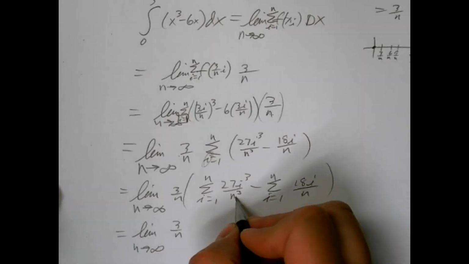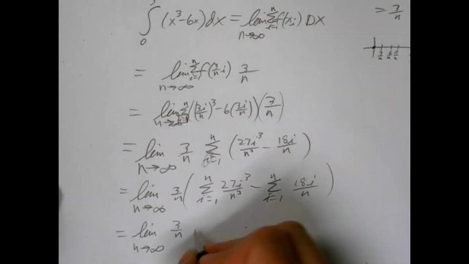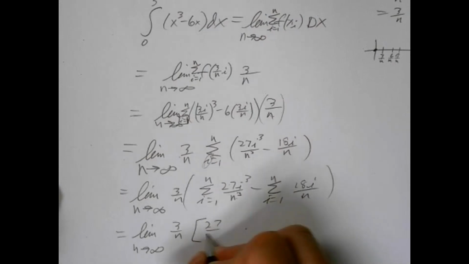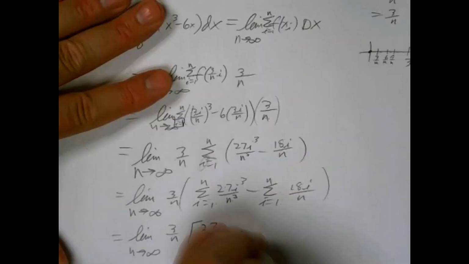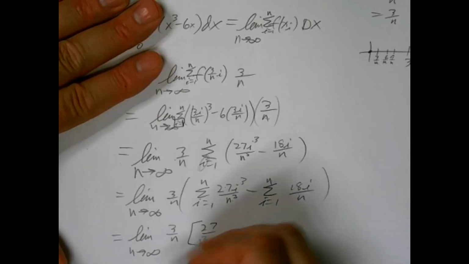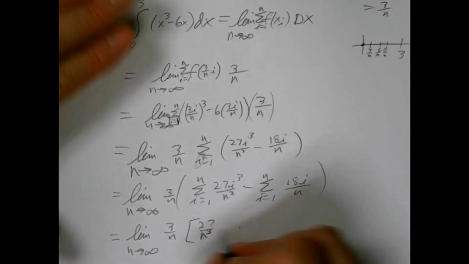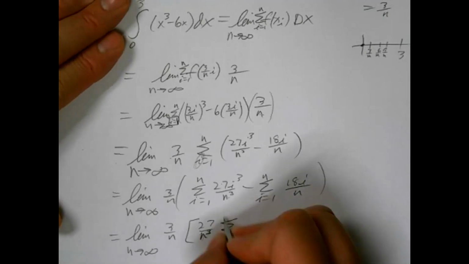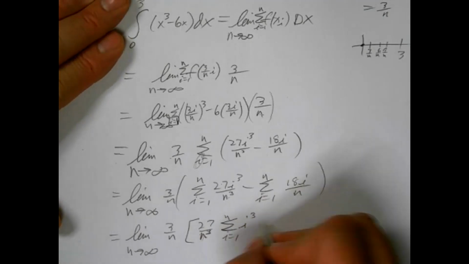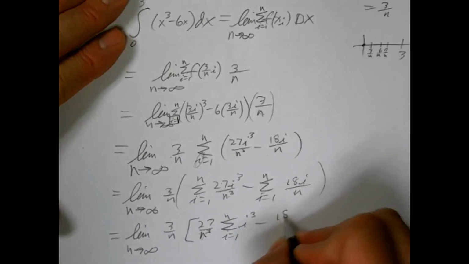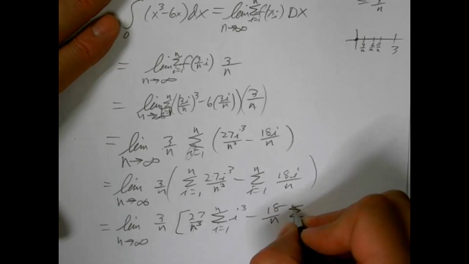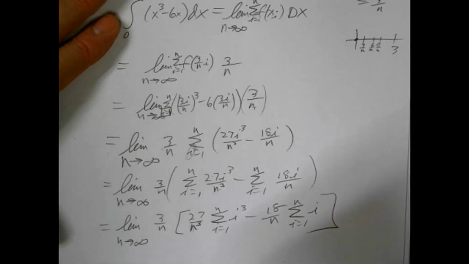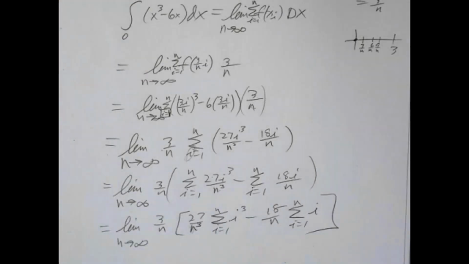Once again, I can take the 27 and the n cubed. Oops. n cubed, not 3n. n cubed, throw it out front. And all I have here is a summation from i equals 1 to n of i cubed, minus, here I can take the 18 and the n and throw them out front. And there I've got an i.